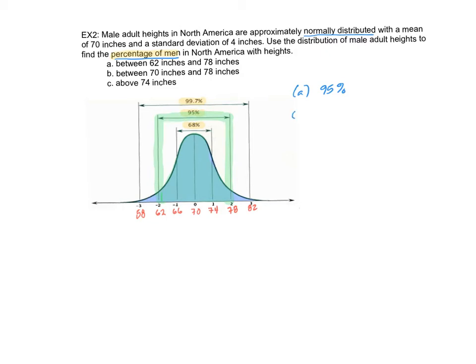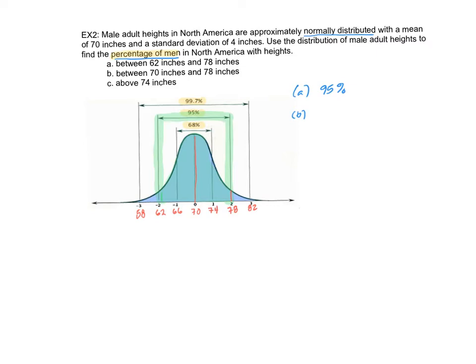Let's look at part B. Part B, we want to find the percentage of men who have heights between 70 inches and 78 inches. So 70 inches is the mean, and then 78 inches is 2 standard deviations above the mean.